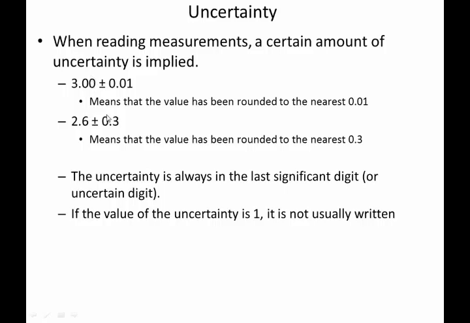Notice the last written digit is in the hundredths place, so that's where the uncertainty is. In the tenths place, that's where the uncertainty is. The difference is this is plus or minus a value of 1 in that place. This is plus or minus a value of 3. 1 is so common as a value for the uncertainty that it's not written. So if you see a number 12.1, that means 12.1 plus or minus 0.1. That's what it means. So this usually won't be written.